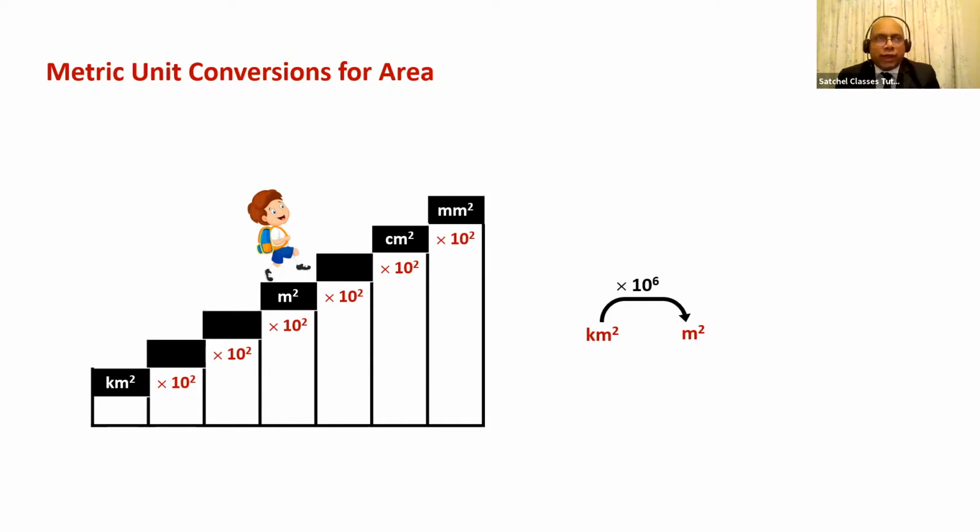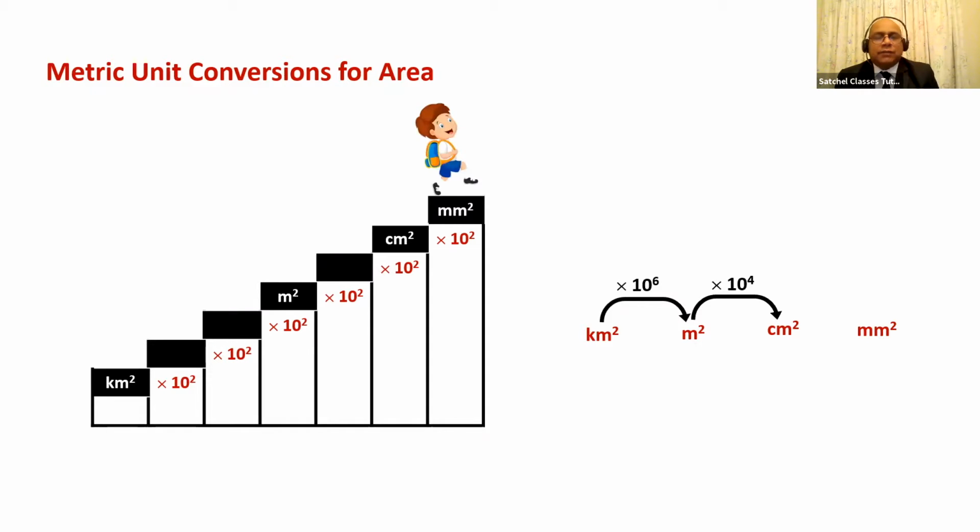From meter squared to centimeter squared, because I need to go up 2 steps, and each step is 10 squared, 2 steps would be 10 to the power of 4. From centimeter squared to millimeter squared, it's just one step up, and that step equals 10 squared, which means you need to multiply by 10 squared, right?